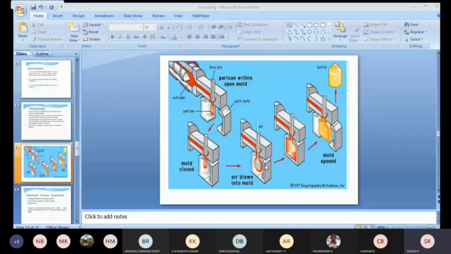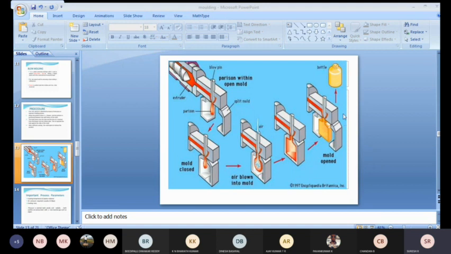Right now the bottle-like mold has been selected, and the parison is within these two molds. Once the raw material has been filled inside the parison tube, it's going to settle into the required shape with the help of the air and the raw material.